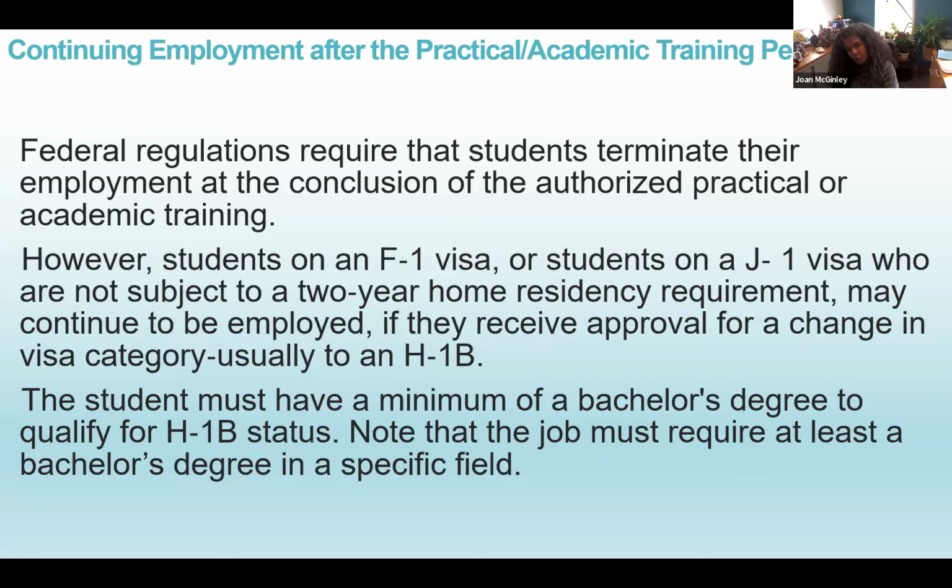So if you're thinking about moving this person from F-1 or J-1 to H, you want to plan ahead. Like I said, about 6 or 7 months into the year, you want to start looking at the H or maybe TN. Make sure that the job requires a minimum of a bachelor's degree and that the individual has that degree. So it's a degree in chemistry, and the person has a degree in chemistry. Just matchy matchy.